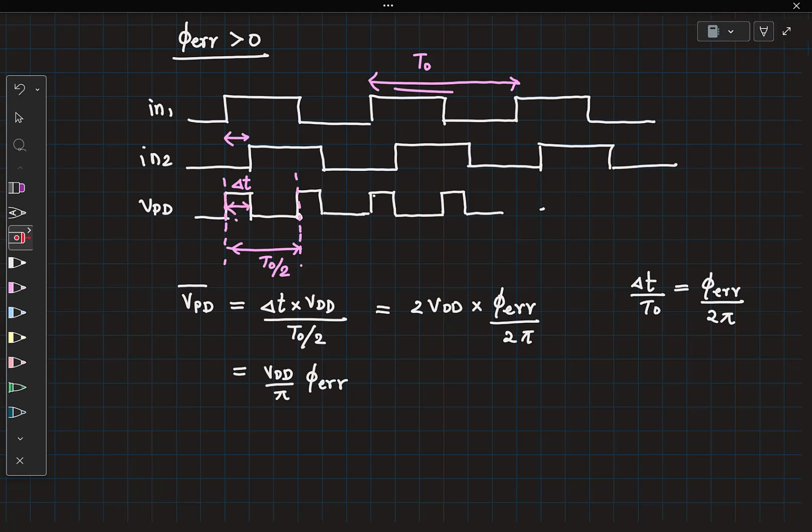Which means the VPD average is also going to increase in proportion to delta T. And that is the expression given by VPD average equal to VDD by pi into phase error. As your phase error is increasing, the average is going to increase linearly. Now, at what point do you think this stops being true?